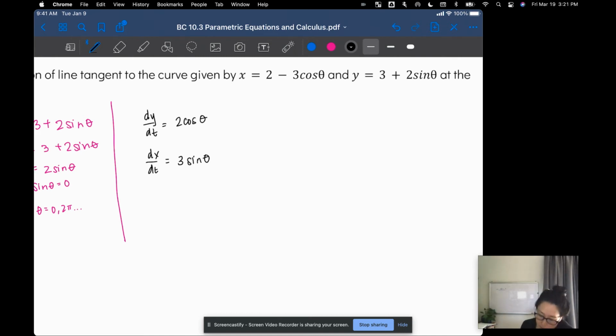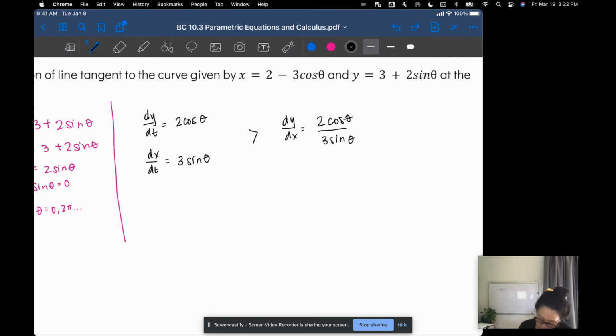So dy/dx is equal to 2 cosine theta over 3 sine theta. Let's just leave it like that.